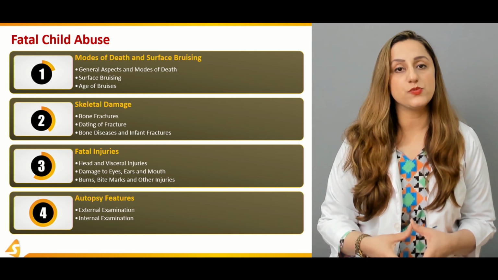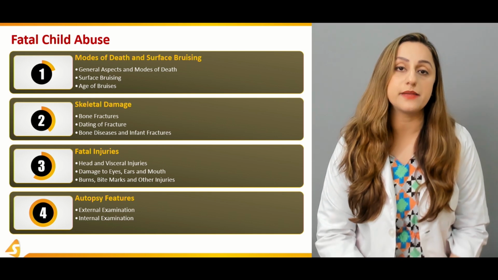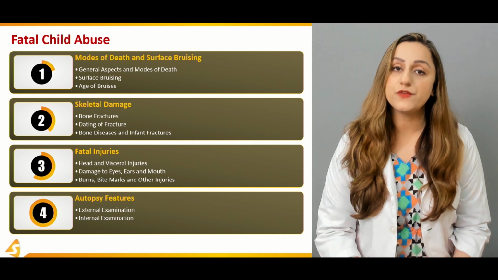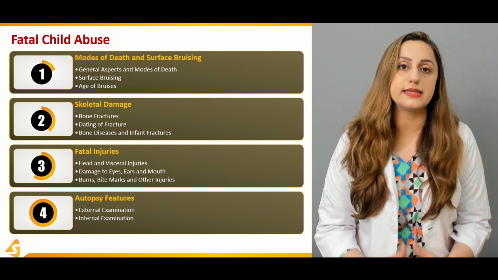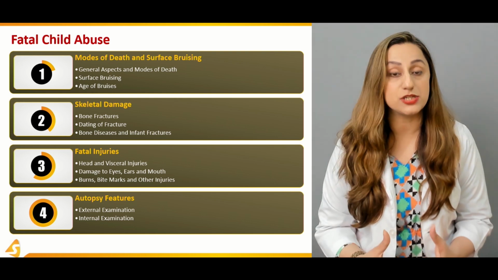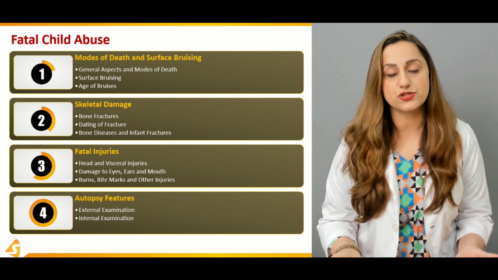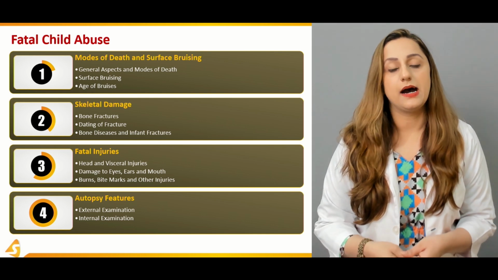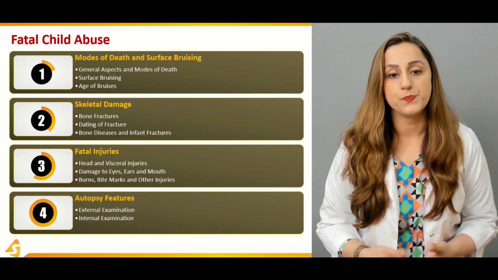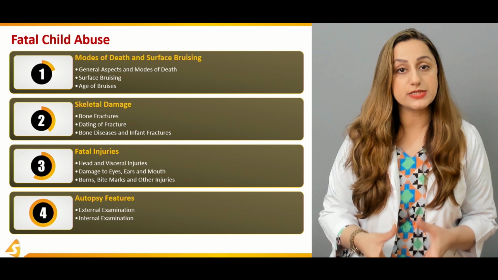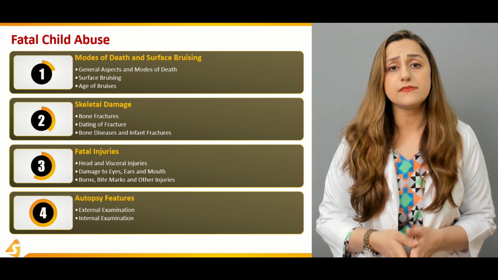In the second section, we'll be discussing the skeletal damage. The infant or the child can be subjected to such harmful abuse that it can lead to skeletal damage. That refers to fractures, and different kinds of fractures are involved, depending upon the type of abuse that the child has been subjected to. The dating of the fracture is again very important, and we'll be discussing that as well.